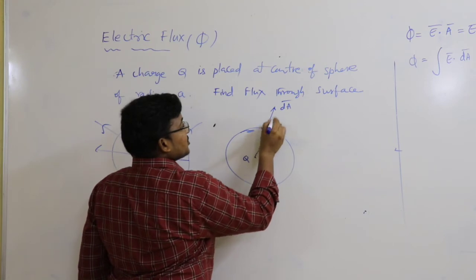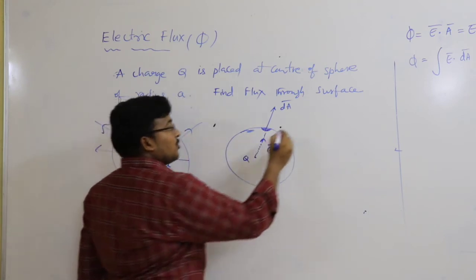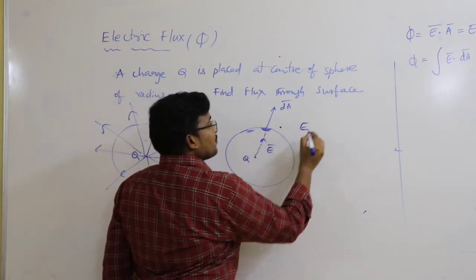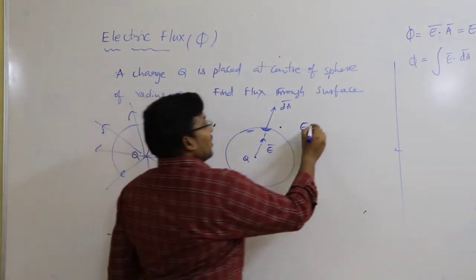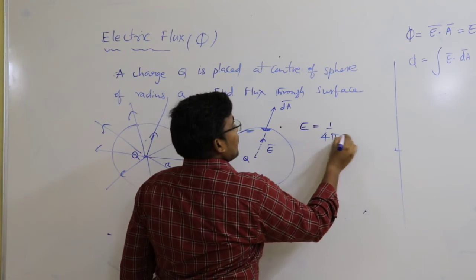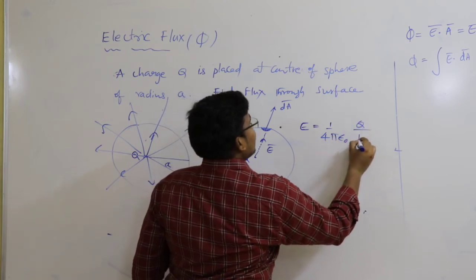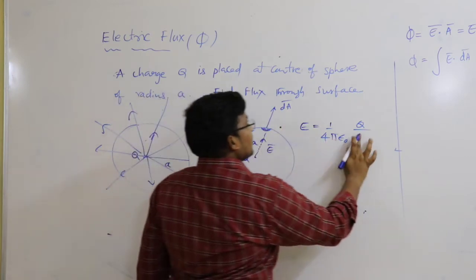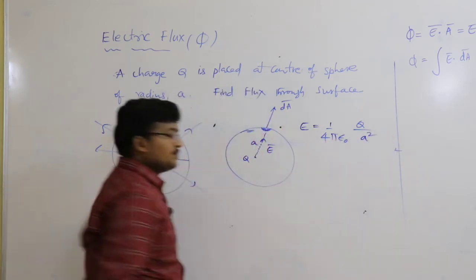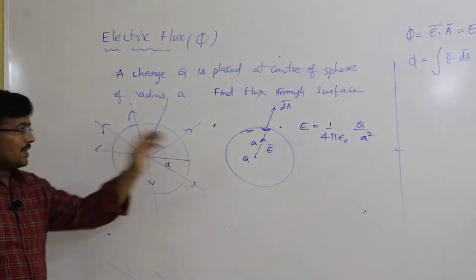And we know the electric field due to a point charge is 1 by 4 pi epsilon naught, charge by the distance, which from here to here is the radius, so a square. Okay? So this is the electric field.